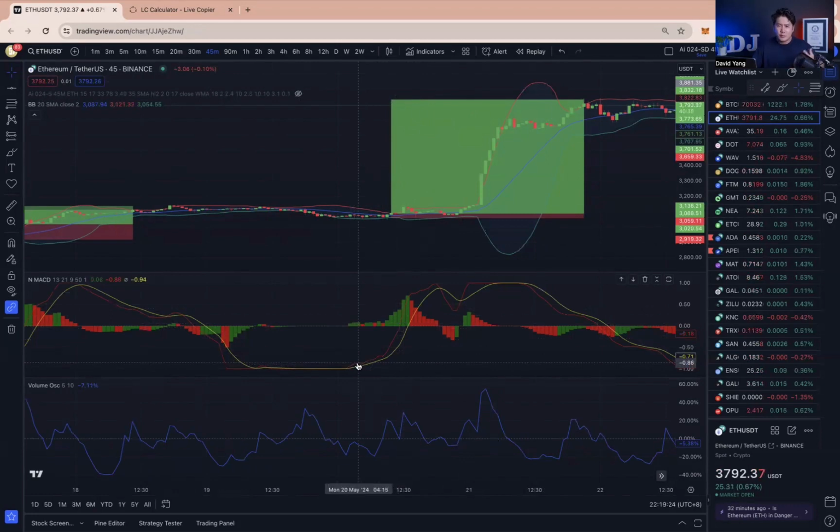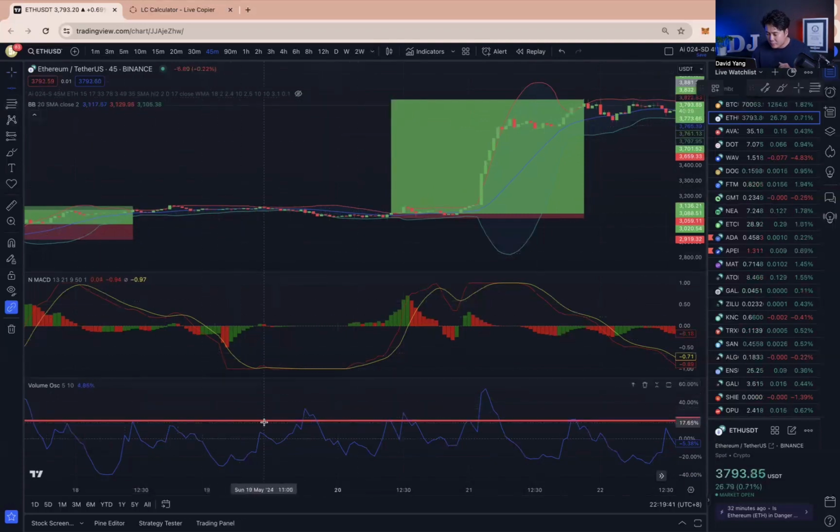To know whether the volume is coming in or not, you need to look at the volume oscillator. It needs to be above 20% so that it goes up. Normally I use a horizontal line, marking 20 here, and below negative 20 for short purposes.